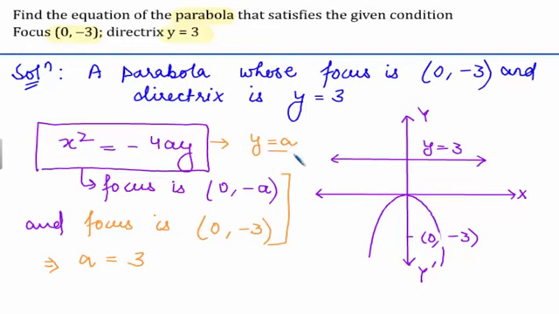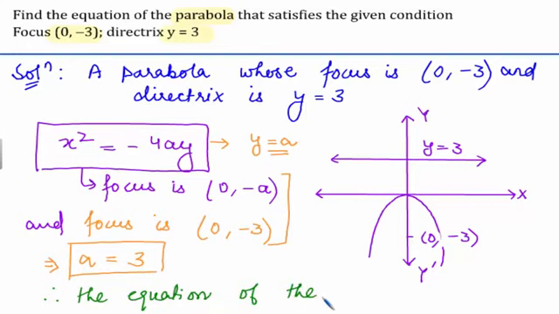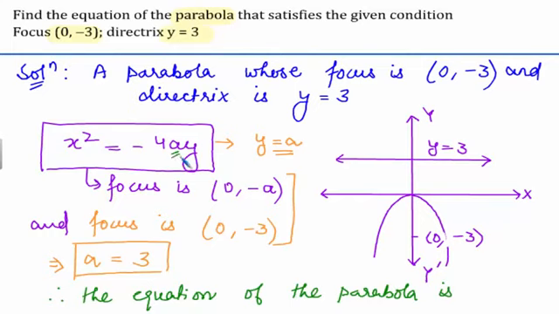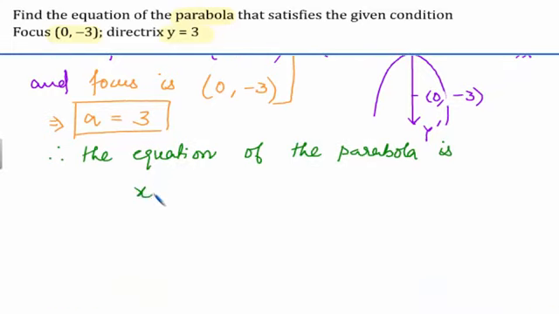Therefore, the value of a is equal to 3, and we can say that the equation of the parabola is, substituting the value of a here, x² = -4 × 3 × y, or x² = -12y.